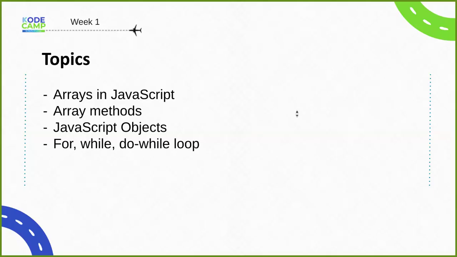So I was talking about why you need something like an array. You need an array to keep things like a list of something, maybe a list of tasks, a list of strings and all those things.